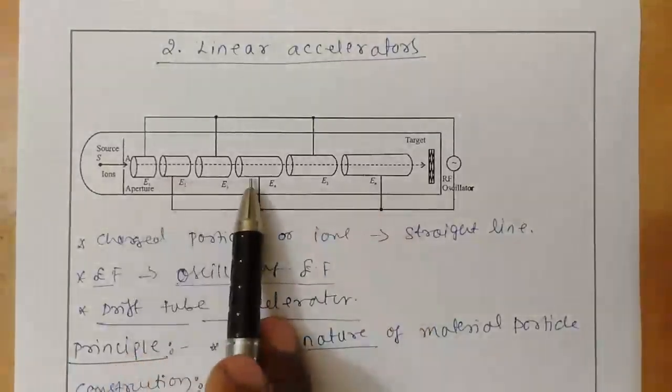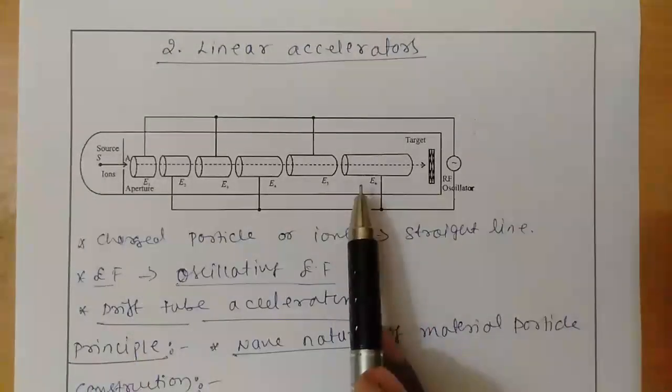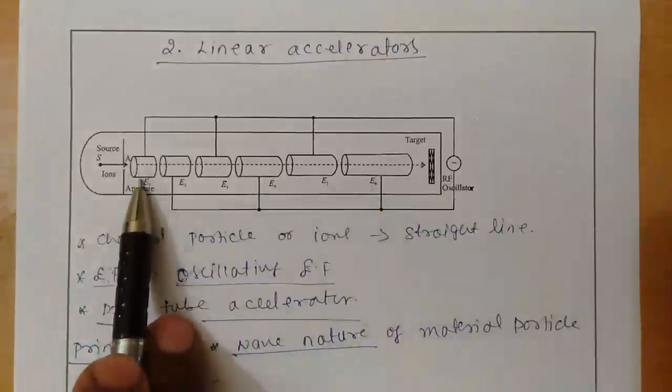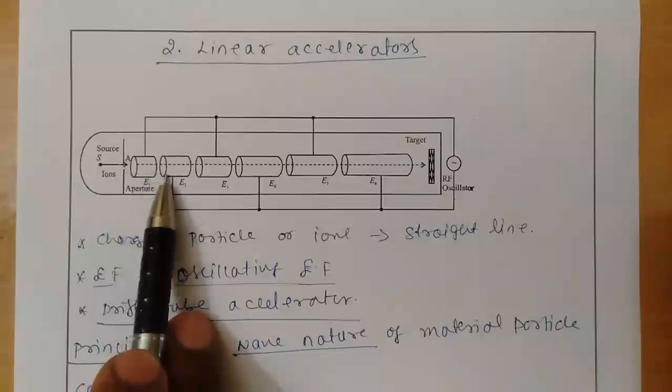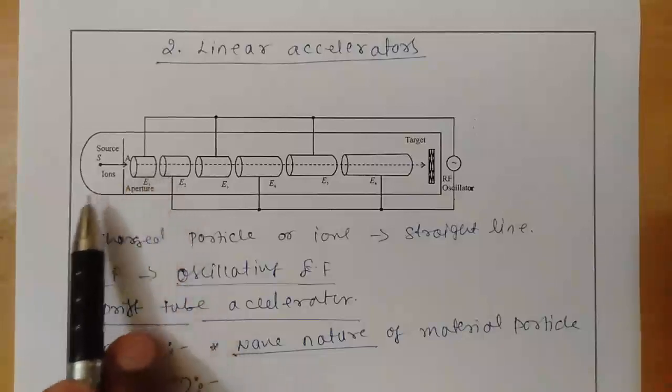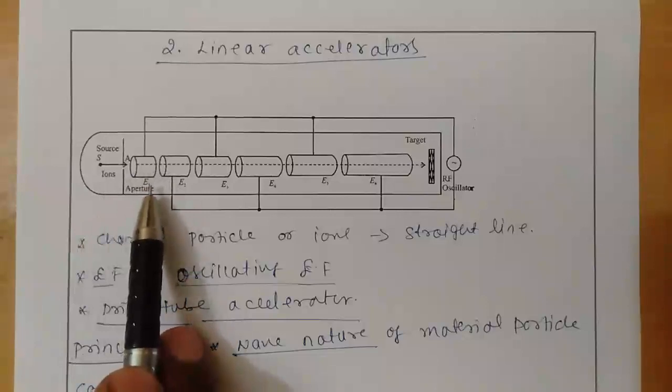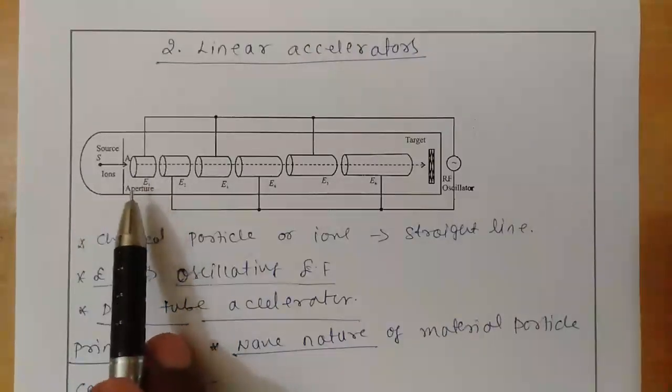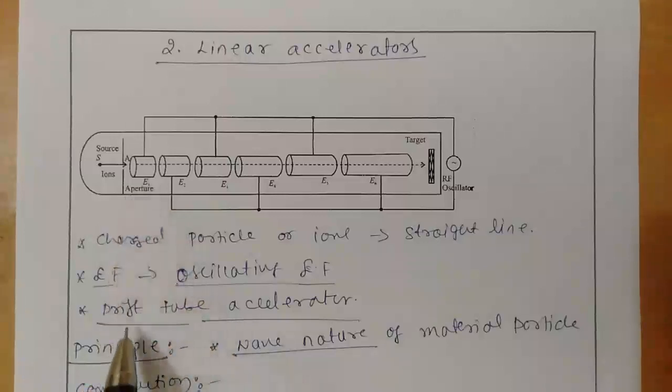During the second half of the cycle, the first tube will be under negative potential and the second tube will be under positive potential. That is, the potentials of even and odd tubes have been interchanged. So this is the construction of the linear accelerator, the drift tube accelerator.